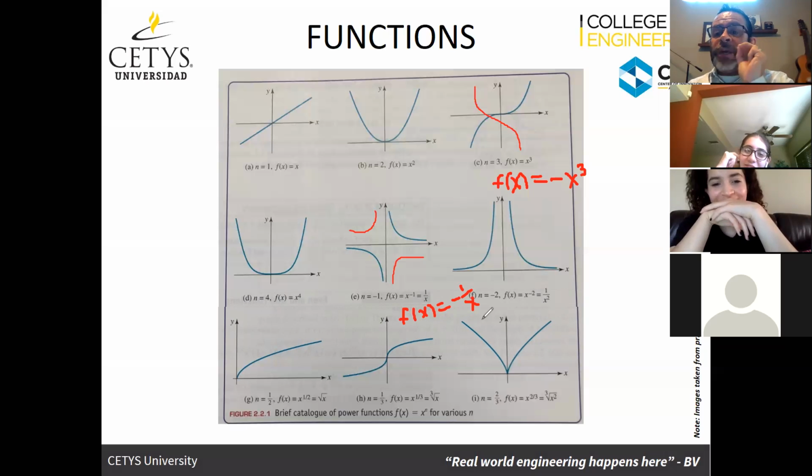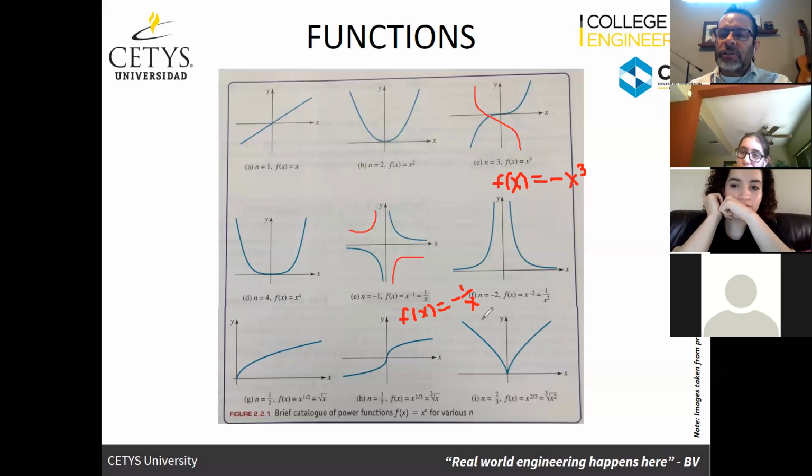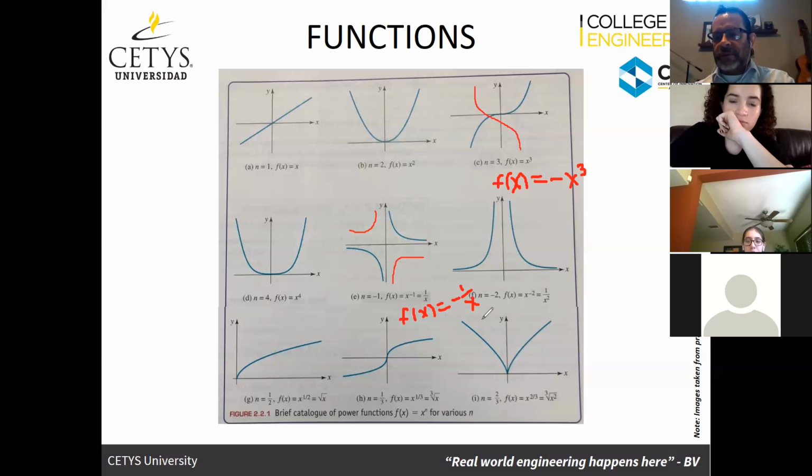Remember that we're talking about reflections. So if it's a negative like you're showing there, it's a reflection on the y-axis. You notice that? But there's something very particular for these two examples. The reflection on the y-axis is exactly the same as the reflection on the x-axis. But that's something very particular for these odd functions that we're showing here, okay?